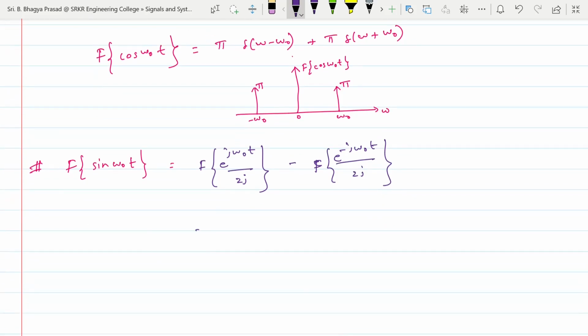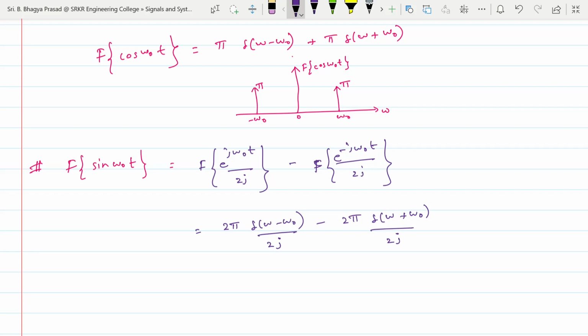This will be 2 pi delta of omega minus omega naught by 2j minus 2 pi delta of omega plus omega naught by 2j.